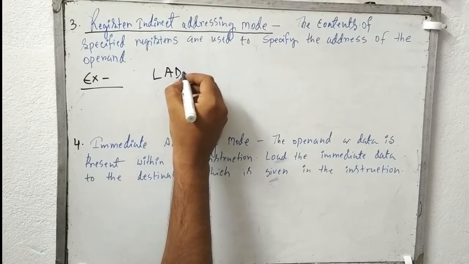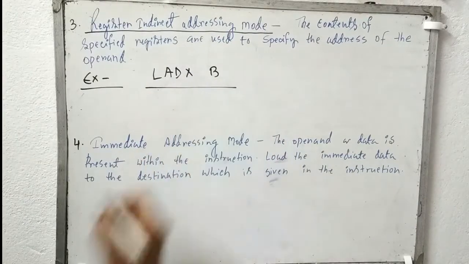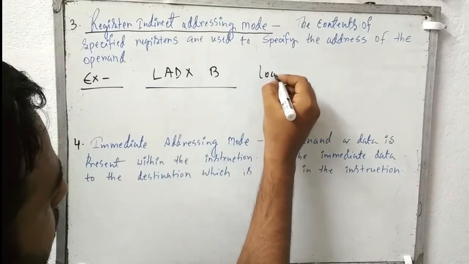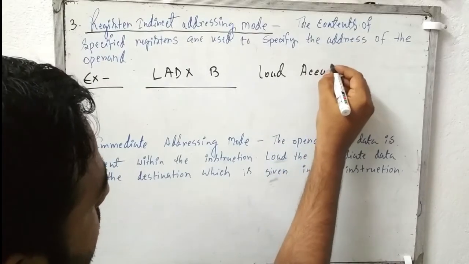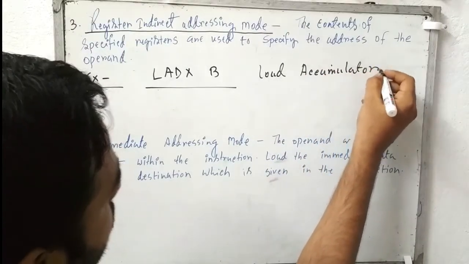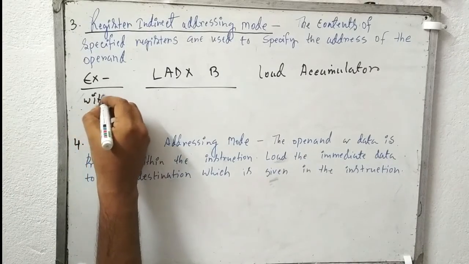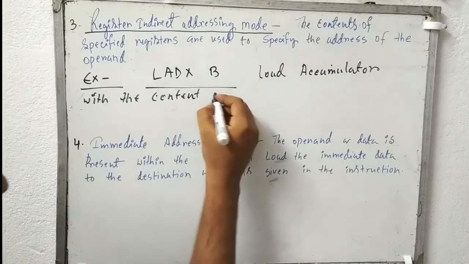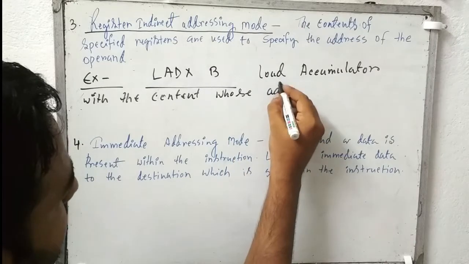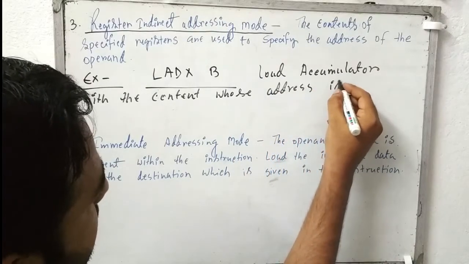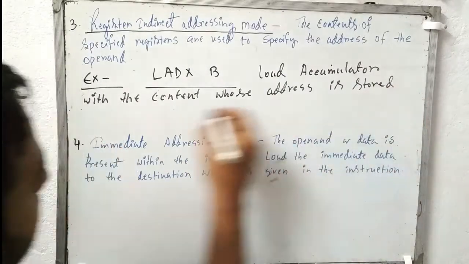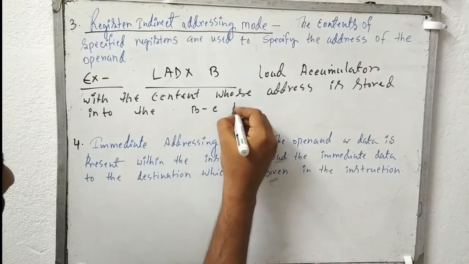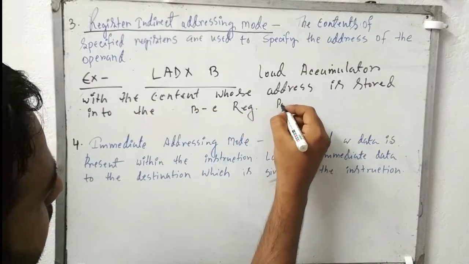LDAX B. So what does it mean? This means load the accumulator with the content whose address is stored in the BC register pair.